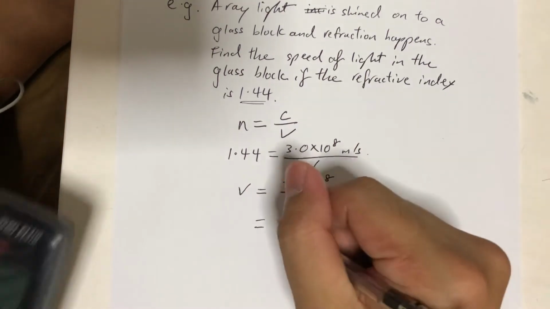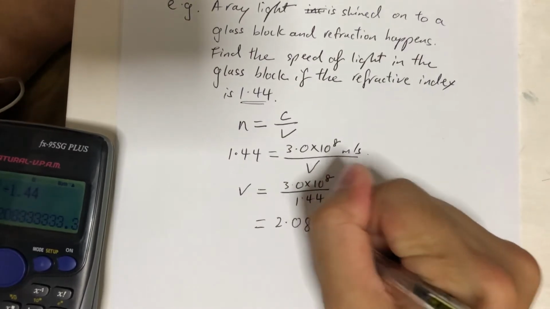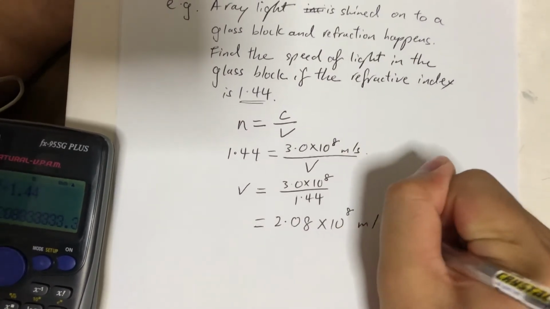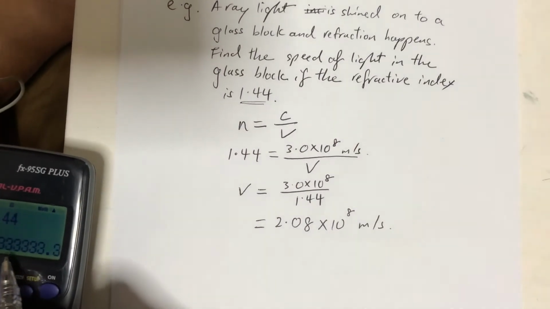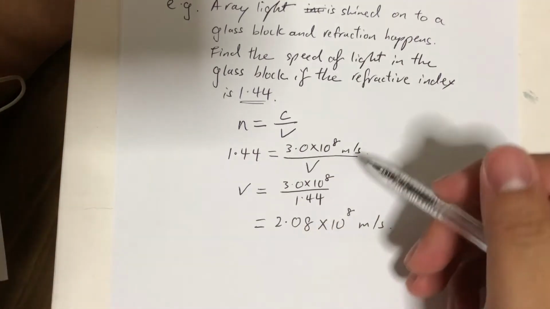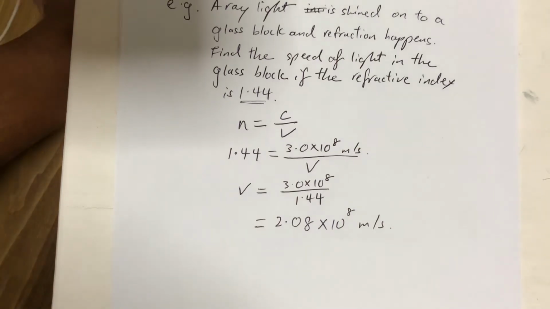This will give us a value of about 2.08 times 10 to the power 8 meters per second. So you realize that if I compare it to the speed of light, it has actually slowed down.